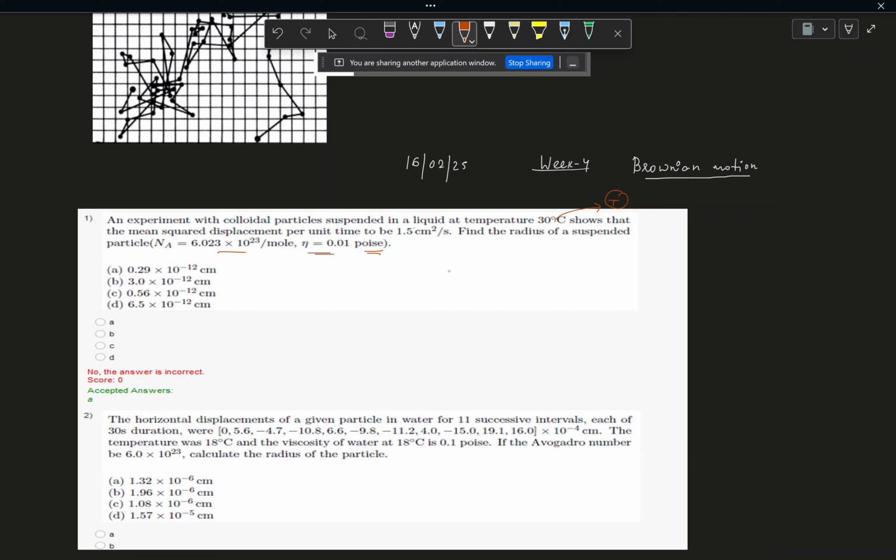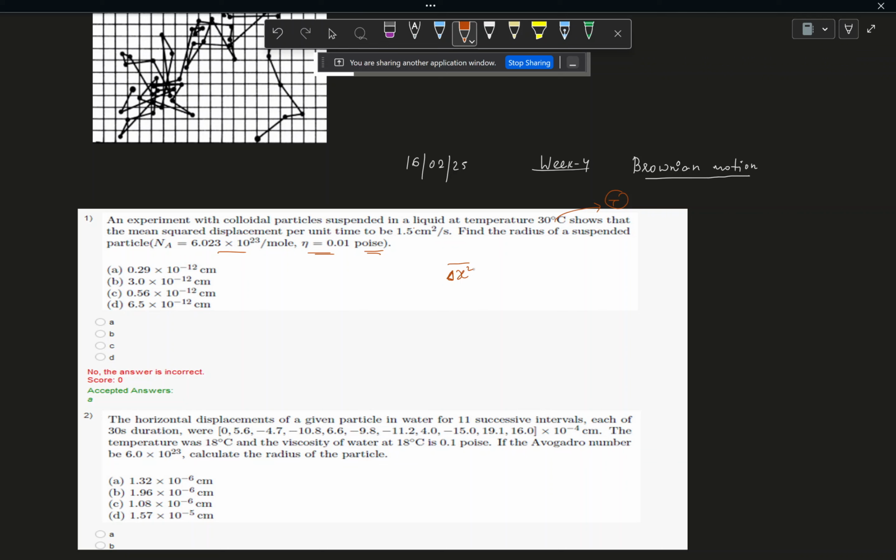You know from the lecture that the mean square displacement is written as delta x squared, with a line on top, which means the mean or average value.